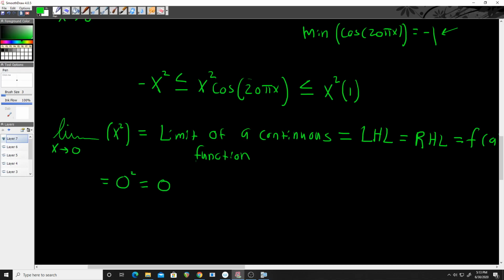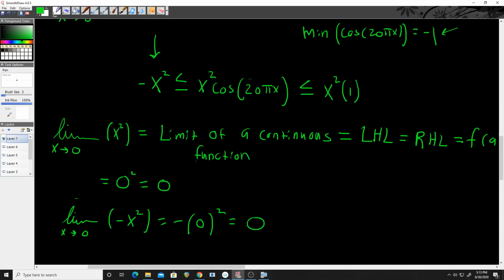And likewise, the limit as x approaches 0 of the minimum function, negative x squared, is going to be the negative of 0 squared, which is the negative of 0, which is 0.